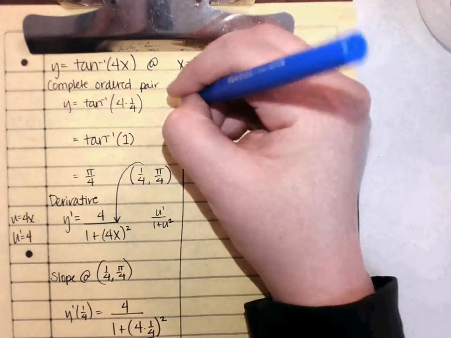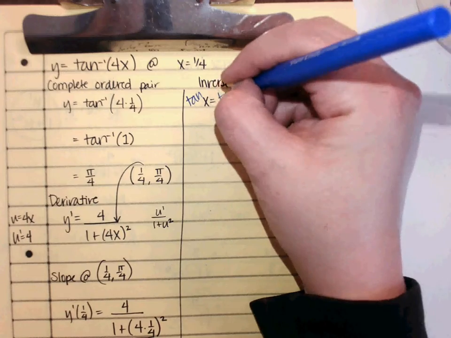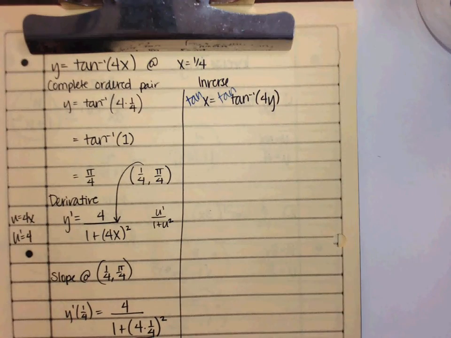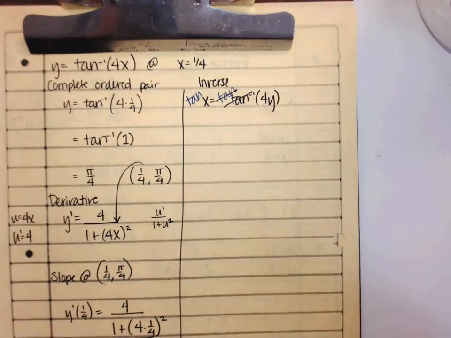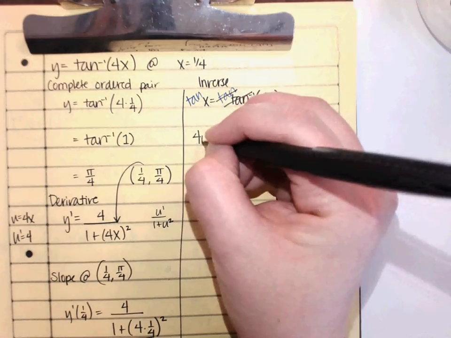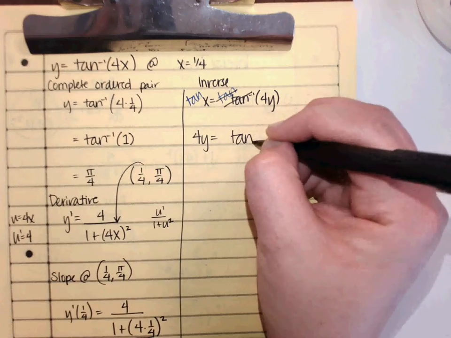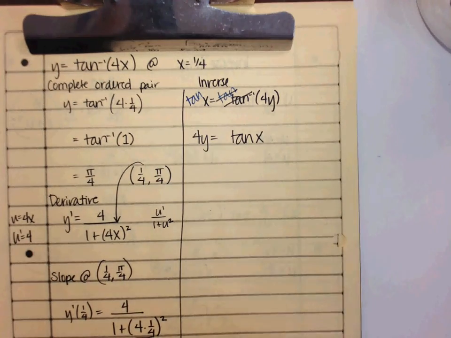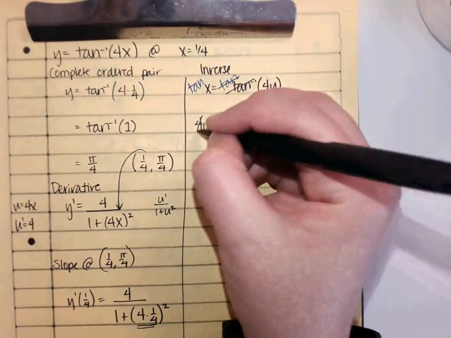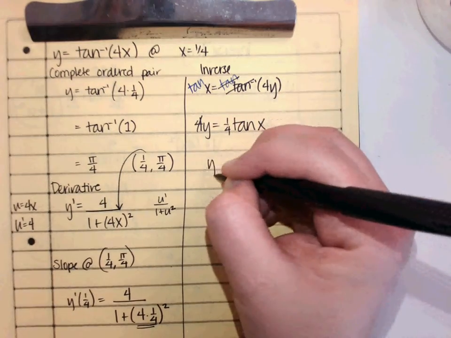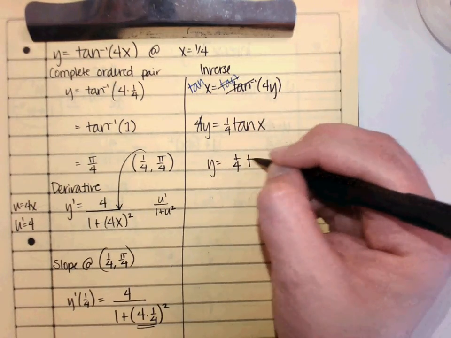You take the tan on both sides. And what happens when you tan an inverse tan? They cancel out. What's left over? 4y equals tan x. From there, how do I get rid of the 4? Good, so I have a fourth on this side. So y equals a fourth tan x.